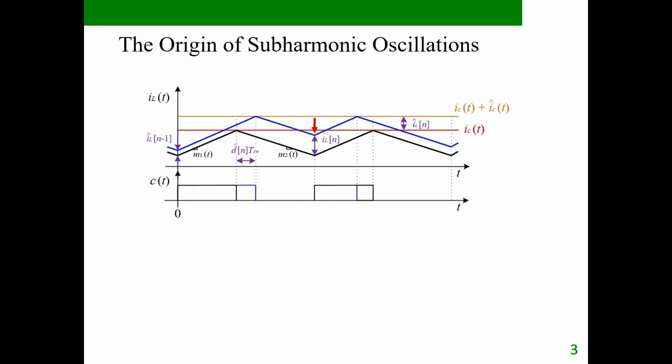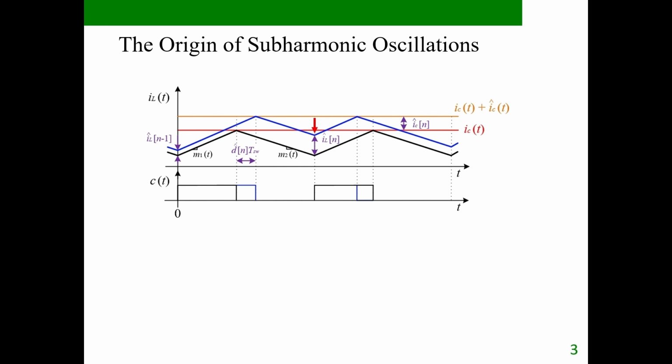In other words, disturbances are transferred from one switching cycle to the next through the modulation process itself. Every switching decision slightly changes the initial condition of the following switching cycle. This is the key idea. Peak current mode control is not only a continuous time system, it is also a sampled system, where the PWM comparator makes one switching decision every switching period.